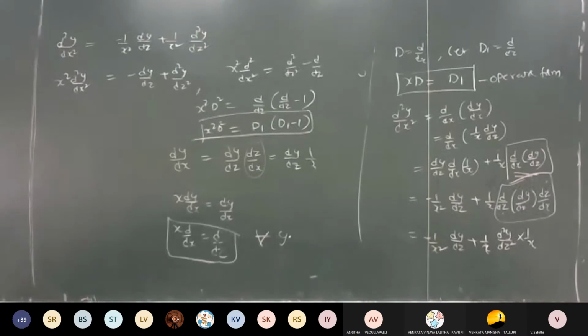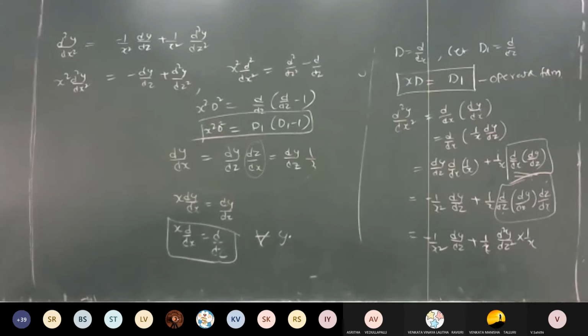So here what we are doing is changing the differential equation with variable coefficients to the differential equation with constant coefficients.